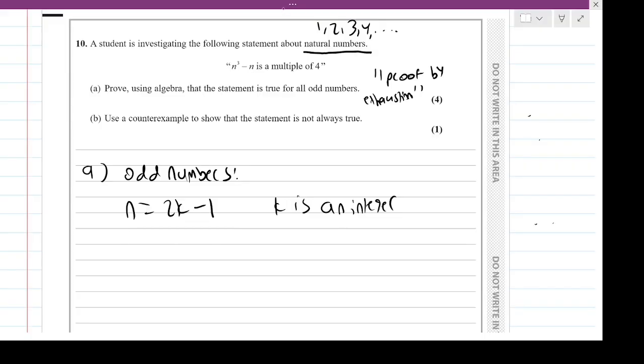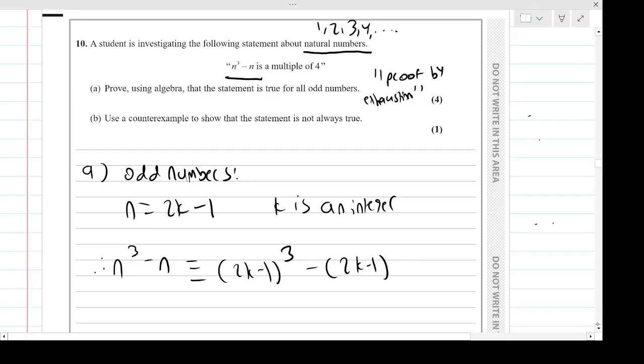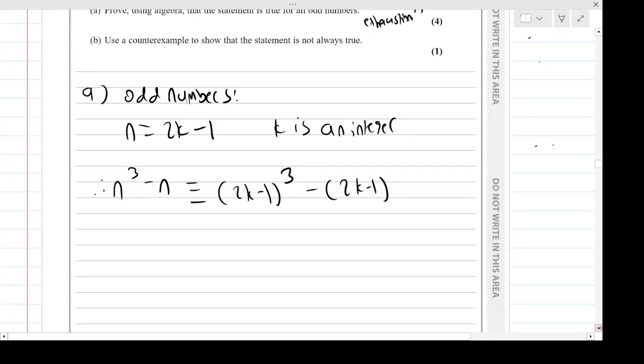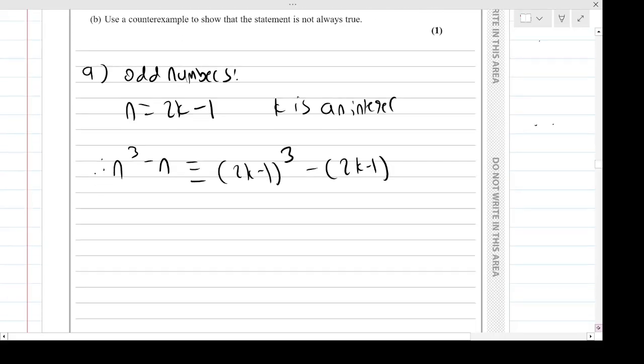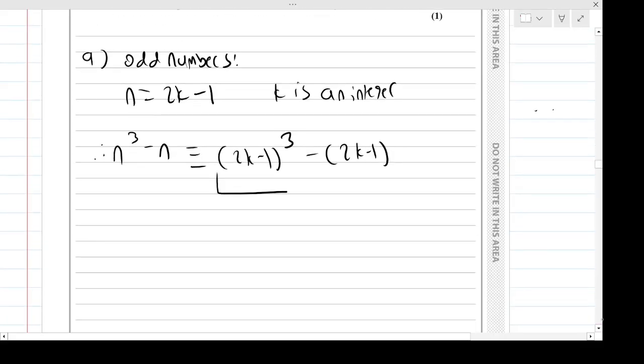So that's n. If it's an odd number, then n cubed minus n is the same as 2k minus 1 cubed, take away 2k minus 1. At that point we just expand. To not make it messy, I'm going to expand it separately down here.